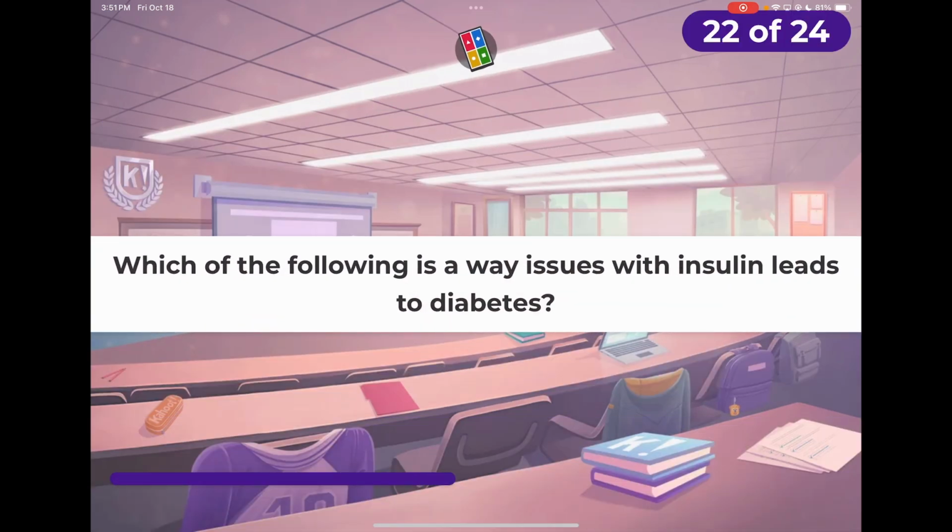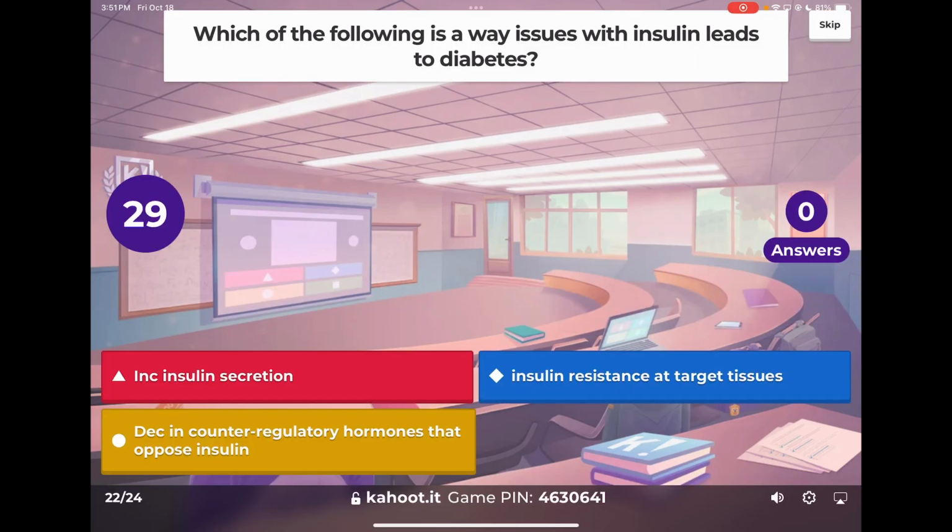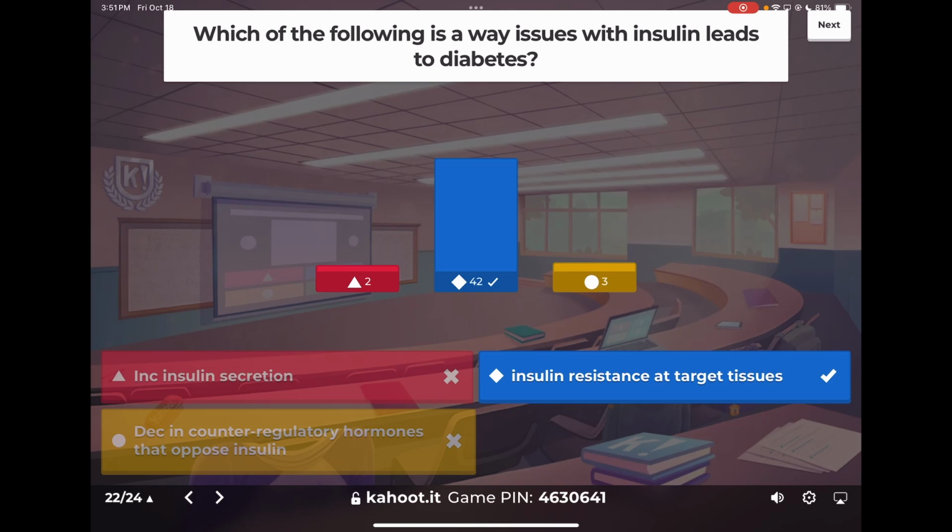Which of the following is the way issues with insulin can lead to diabetes? Okay, all starts with resistance, insulin resistance.